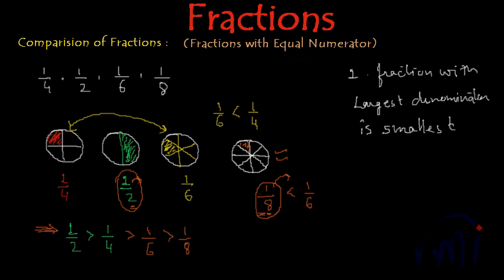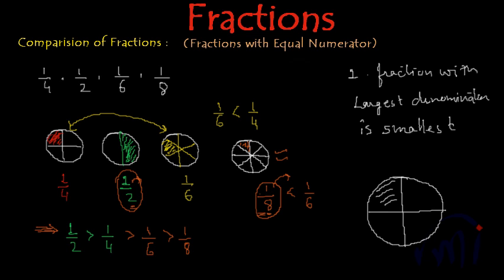Because if I take this pizza and divide it into half and take one portion, this much will be one portion, right? But if I divide it into 4 parts, the value of one portion becomes smaller, right?